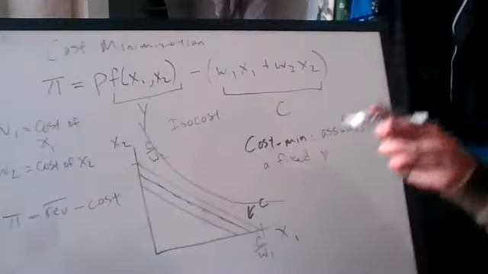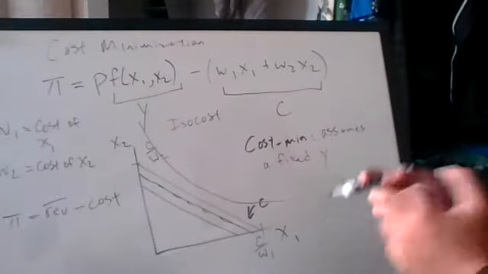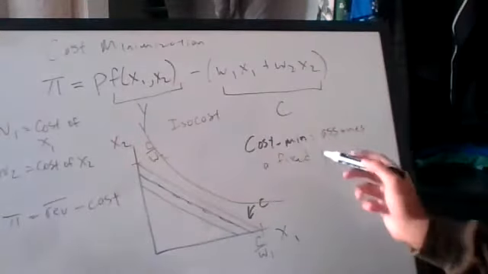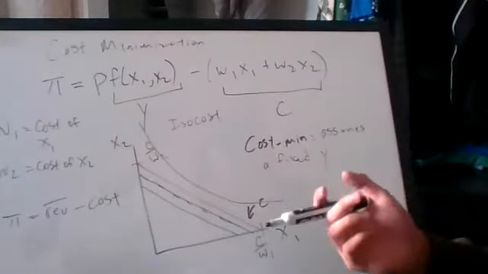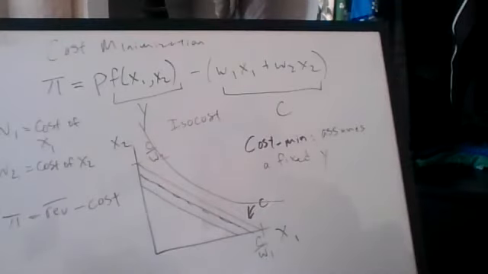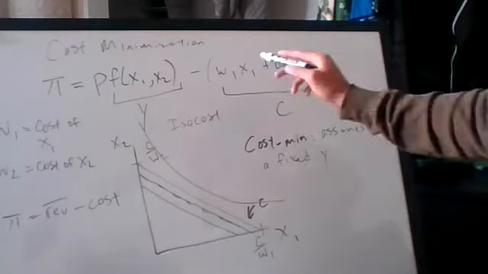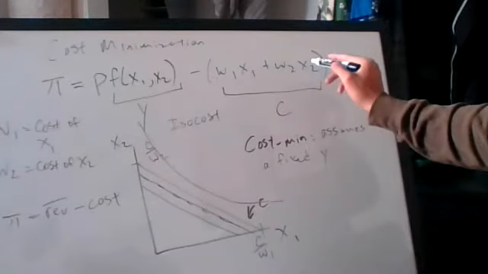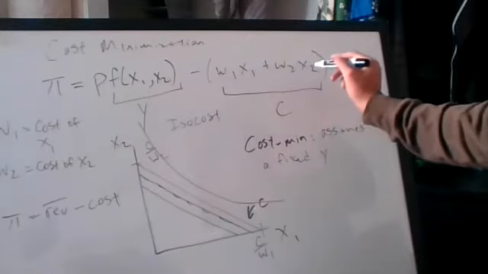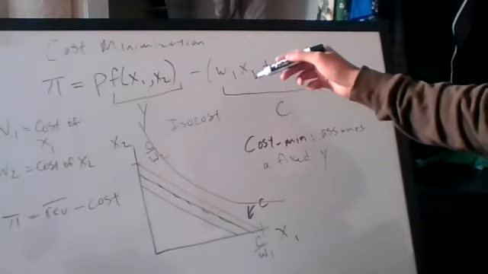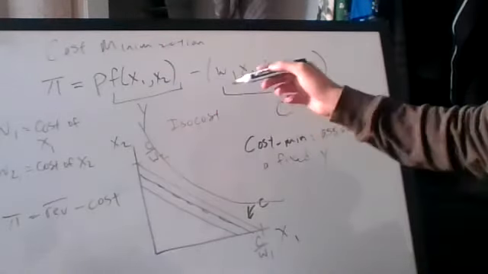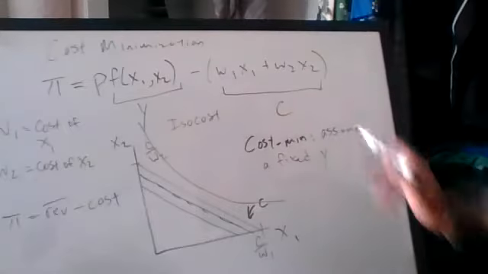So in this case, cost minimization and profit maximization go hand in hand when we have a fixed level of production. You'll see that we don't always have a fixed level of production, but for now, we're going to assume that we do. We're also going to assume that x1 and x2 are variable, meaning that we can choose the level of inputs that makes producing y, which is production or output, as cheap as possible.